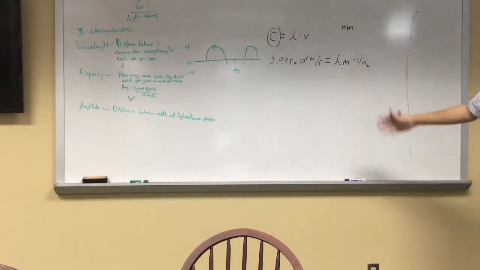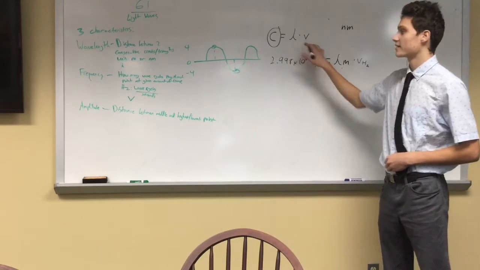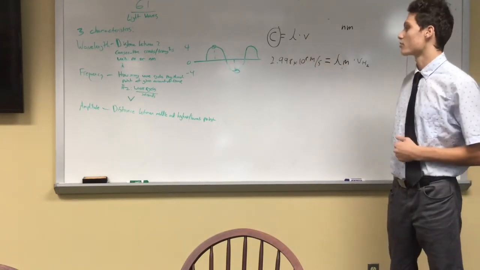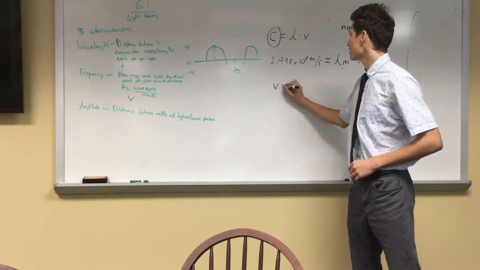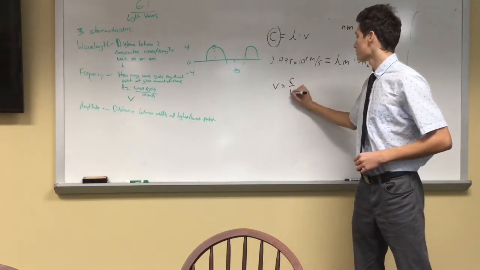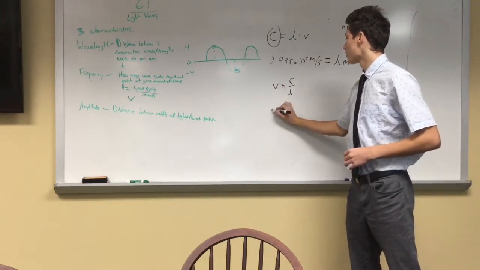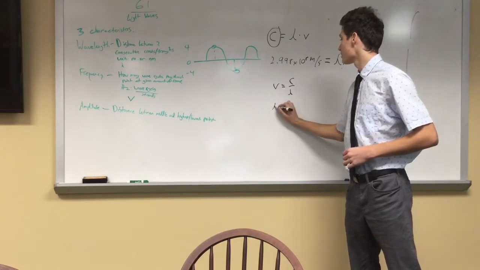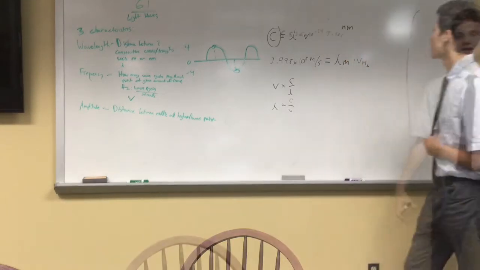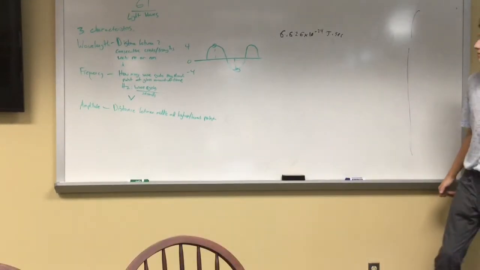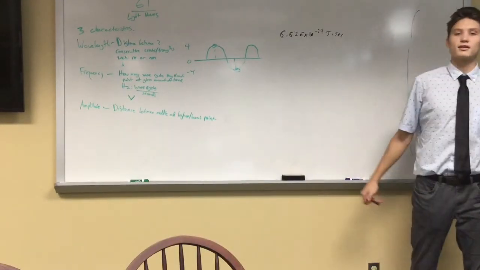As you can see from the equation, wavelength and frequency are inversely proportional to each other: if you solve for either one, you get nu equals c over wavelength, or wavelength equals c over frequency.